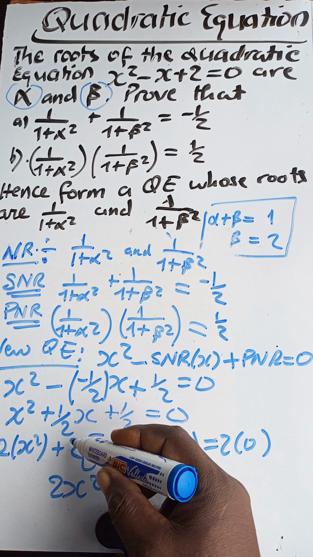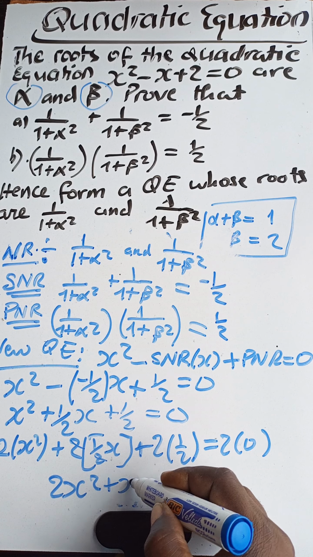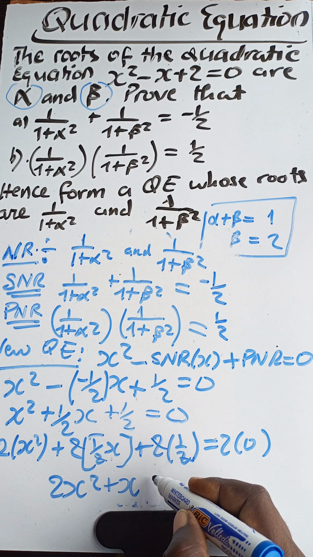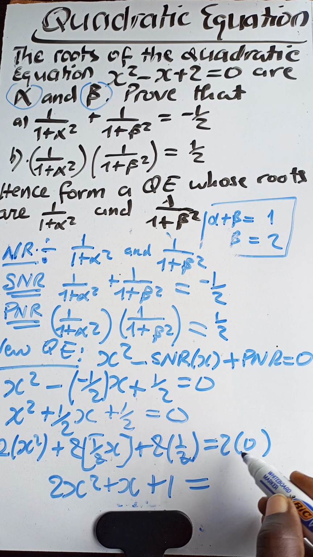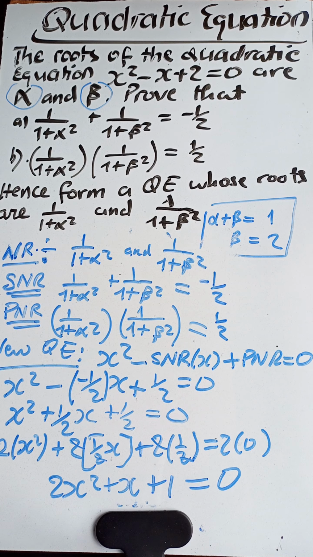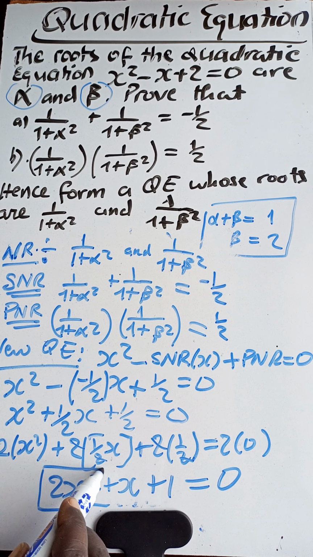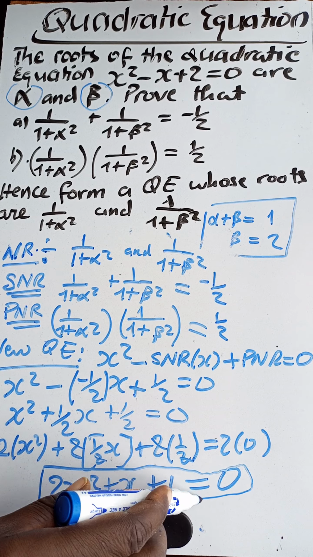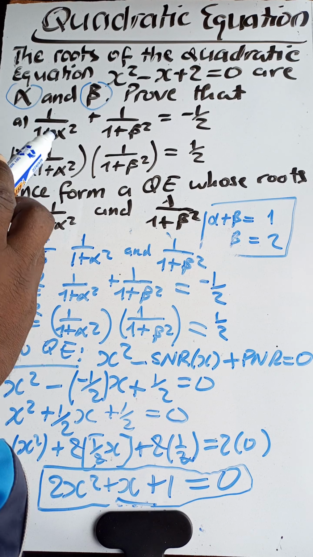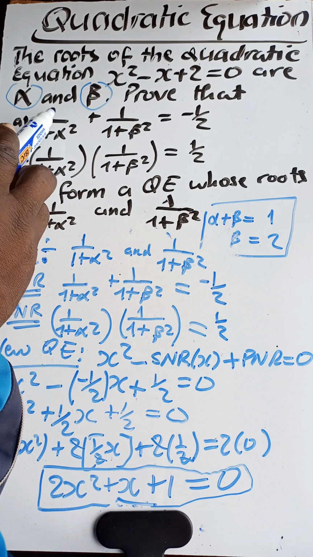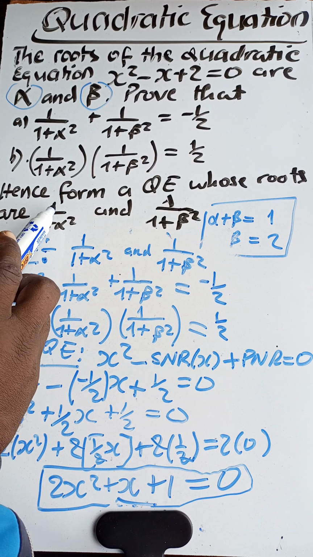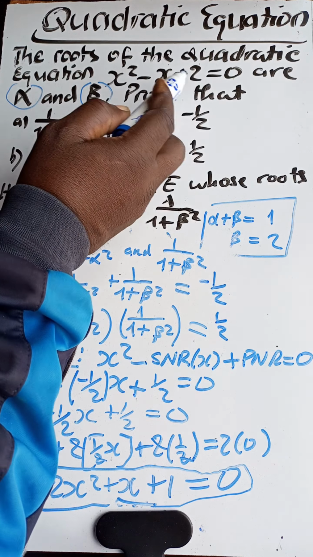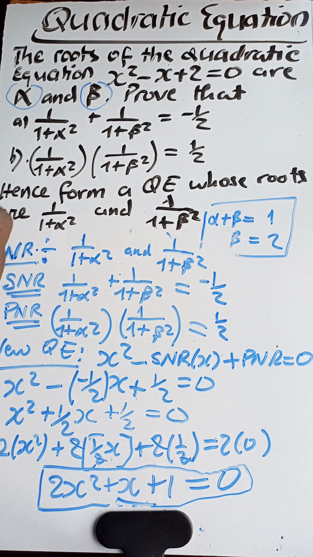These 2 cancels with that 2. We have plus x. These 2 cancels with that 2, plus 1. And 2 multiplied to 0 is 0. So this is the new quadratic equation that can be formed from these roots. The new quadratic equation formed from this root, knowing this original quadratic equation whose roots are alpha and beta. This is the equation that can be formed.